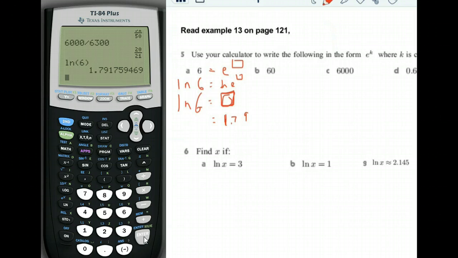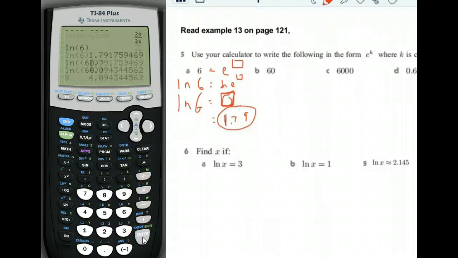Now we're going to do the same thing for 60. Take the log of 60. Too many parentheses, but that doesn't really hurt you. 4.09.